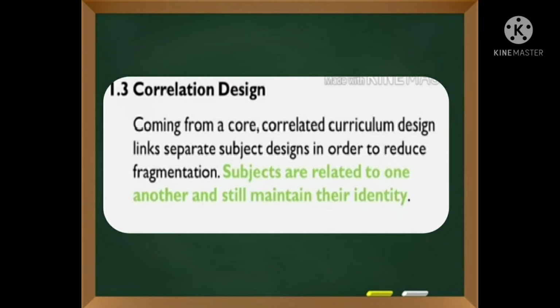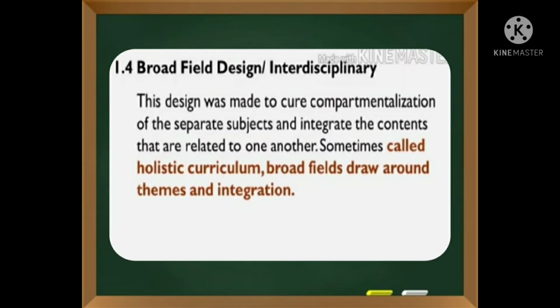And third is correlation design. Coming from a core, correlated curriculum design links separate subject designs in order to reduce fragmentation. Subjects are related to one another and stimulate their identity. Fourth one is broad field design or interdisciplinary.